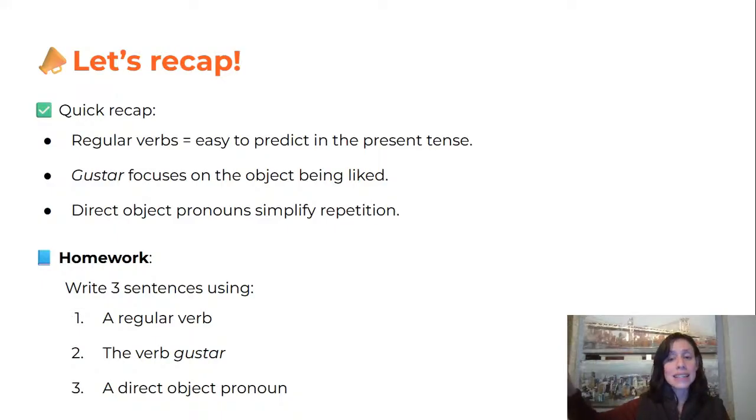I eat it on weekends. I eat it, la como. La comes first, which is it. Como, I eat it on weekends. La como los fines de semana. This is a good guide of how you can answer this homework.